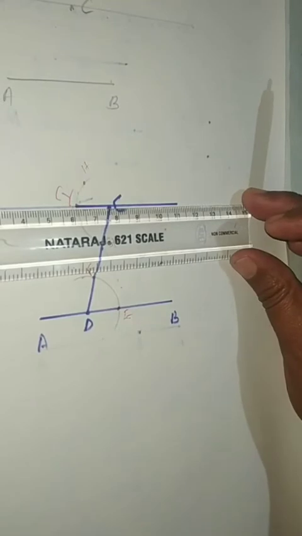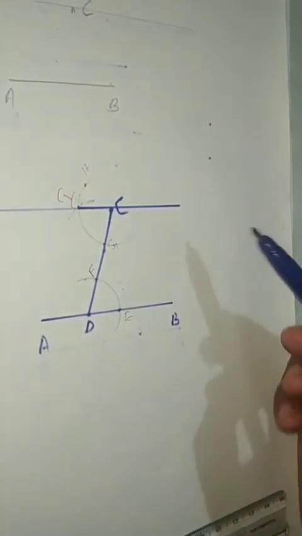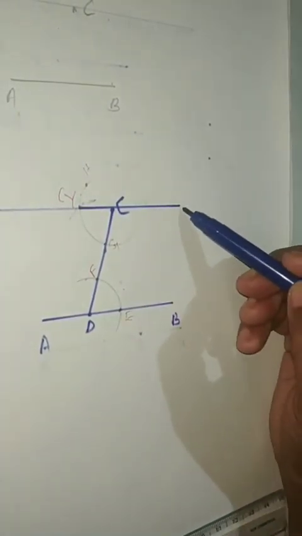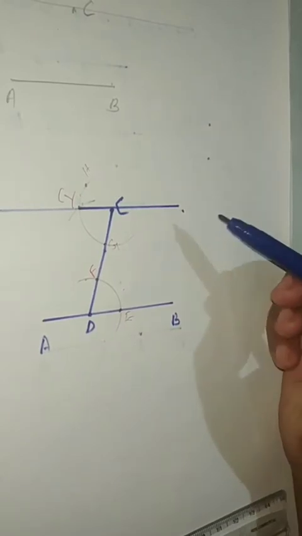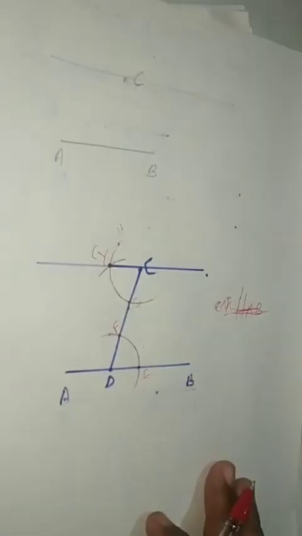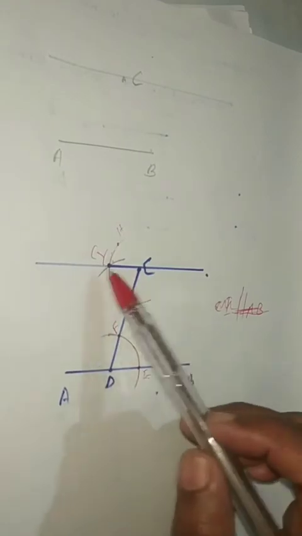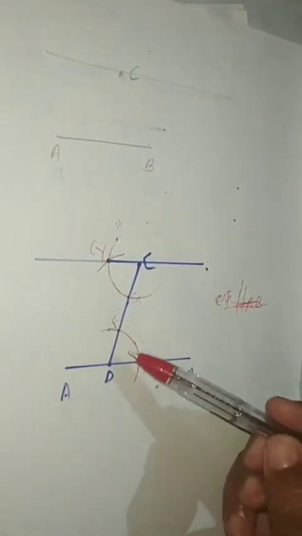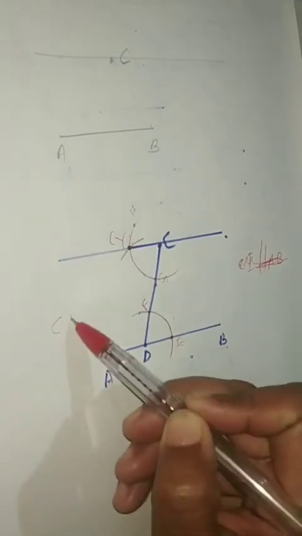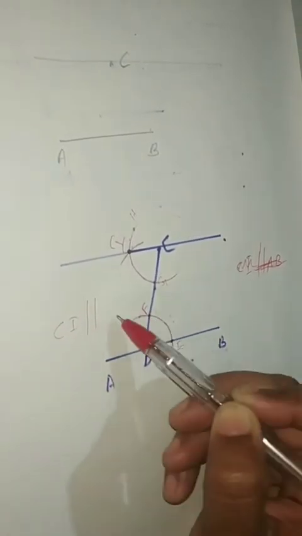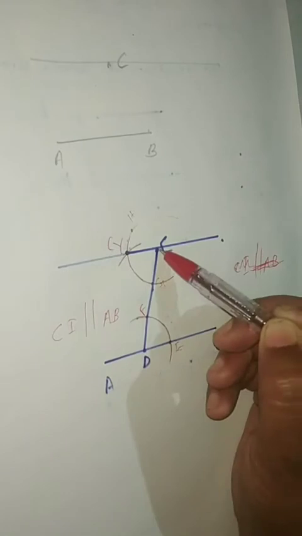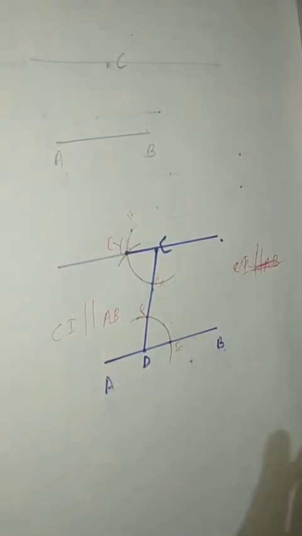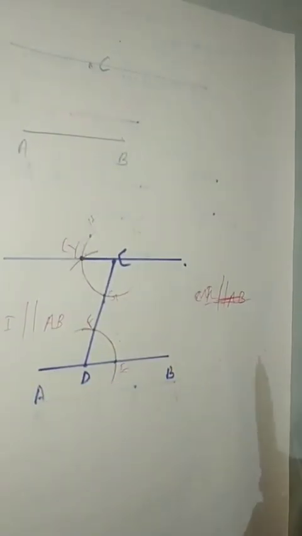Clear? Then we can name this line CI. Now we can say this CI is parallel to AB. We can write it as CI parallel to AB, and C was the point outside AB.